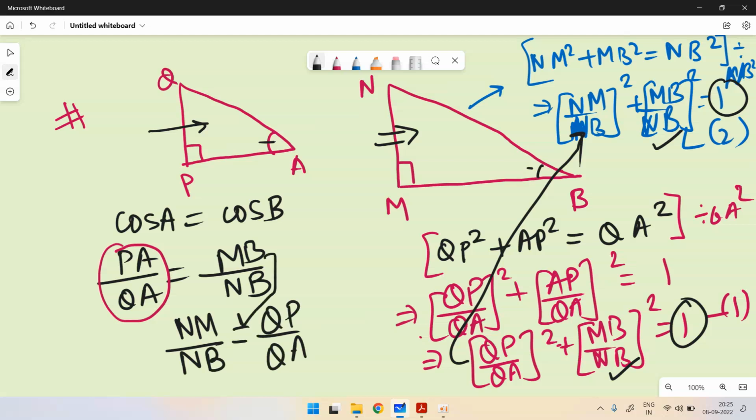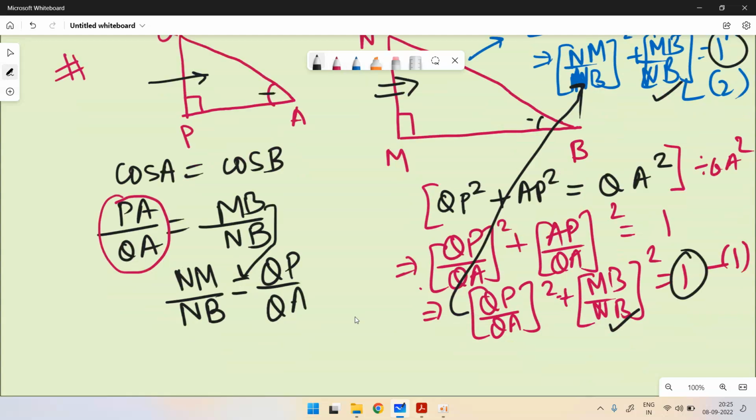That is NM by NB equals QP by QA. Now from this and this, I can cumulatively write it as PA by QA equals NM by NB equals QP by QA.